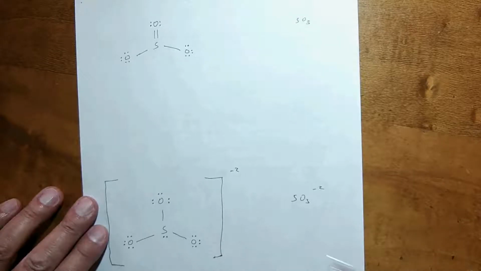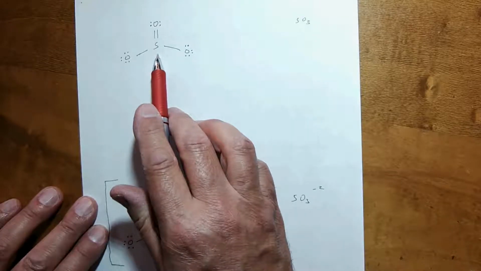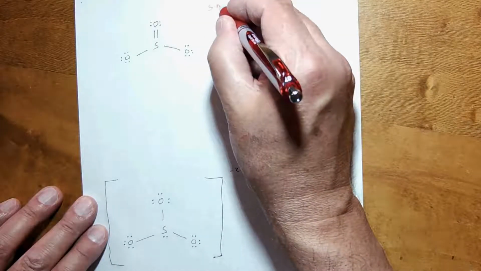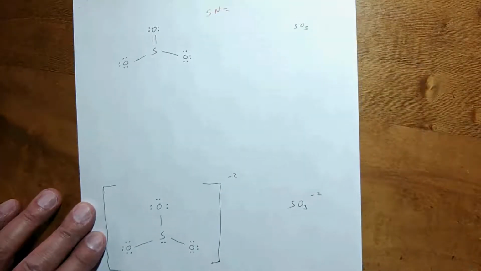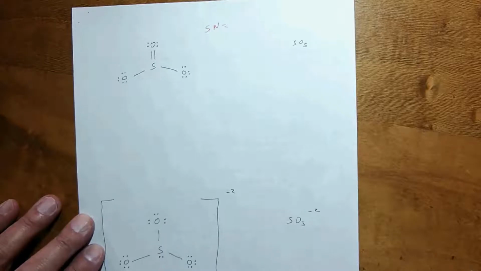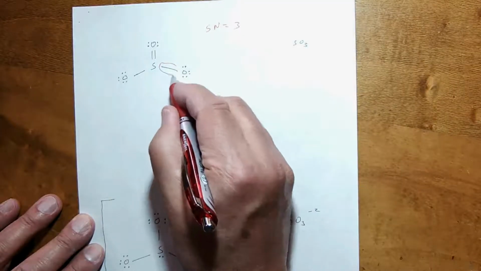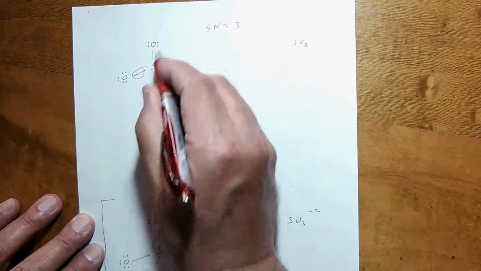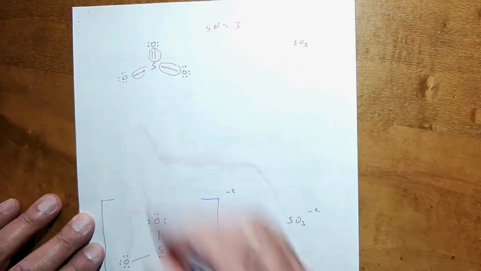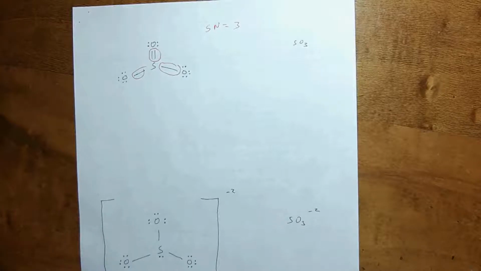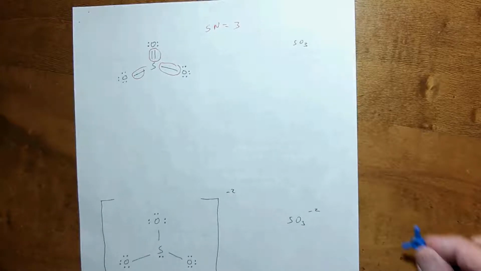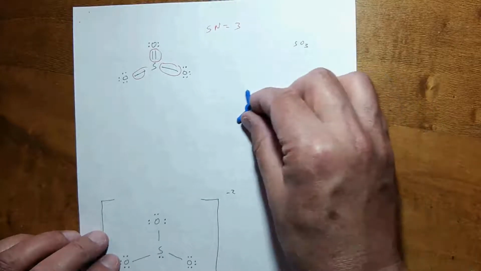For this first one, the sulfur trioxide, what's your steric number? Your steric number there should be 3. 1, 2, 3 electron groups. So when I go to build that, I've got to build it based on this guy, right?